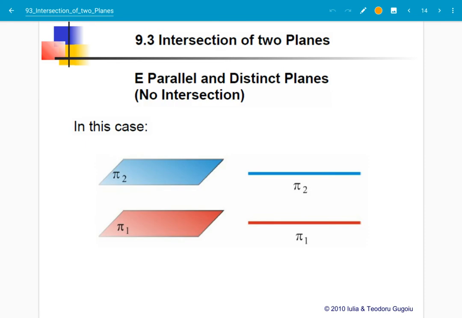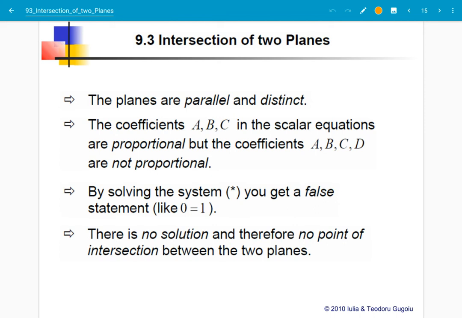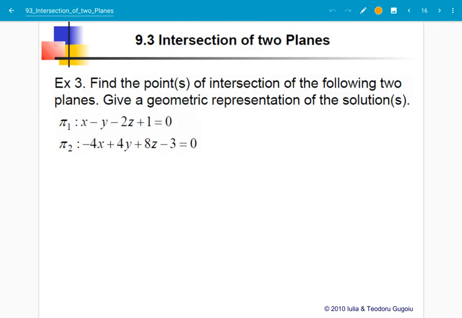Parallel and distinct planes. So A, B, and C will be proportional from the normals, but D's will not. So is plane 1 parallel to plane 2? Well, let's just see. Negative 4 times (1, -1, -2) is equal to (-4, 4, 8). That's true.